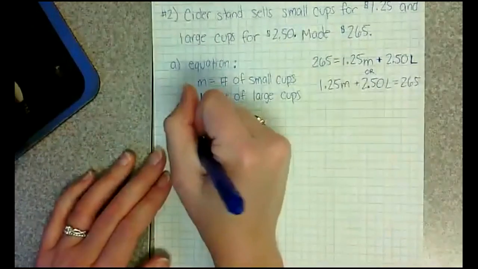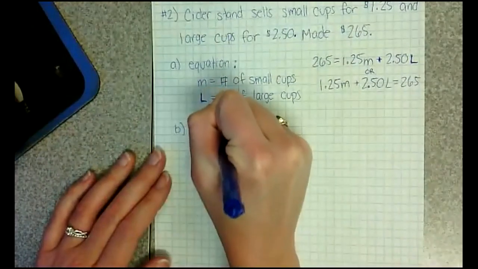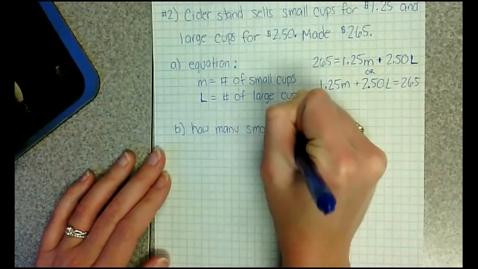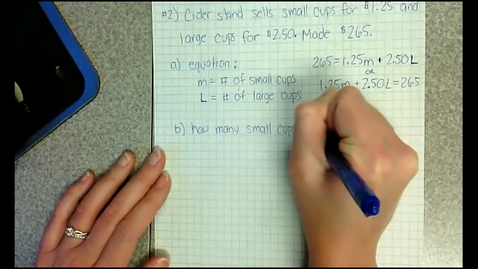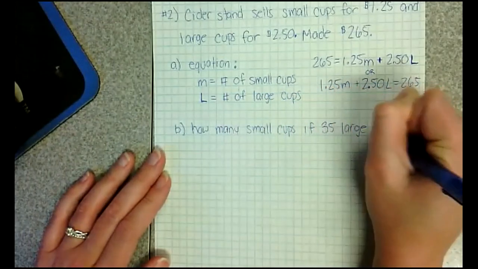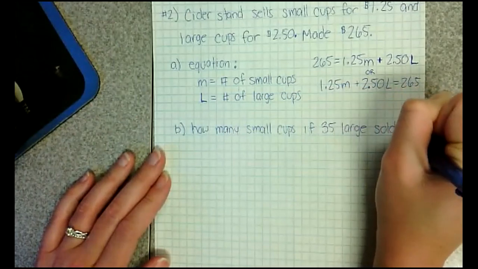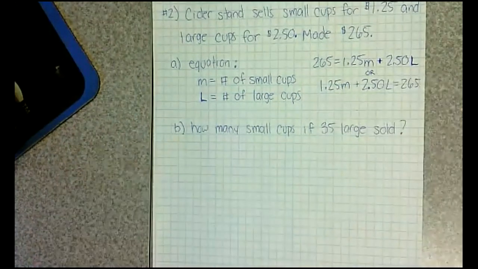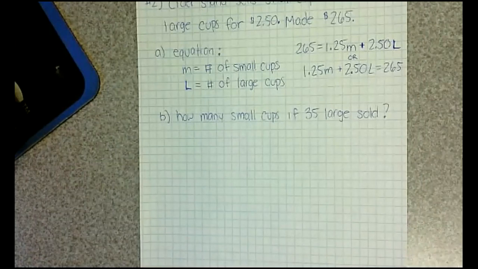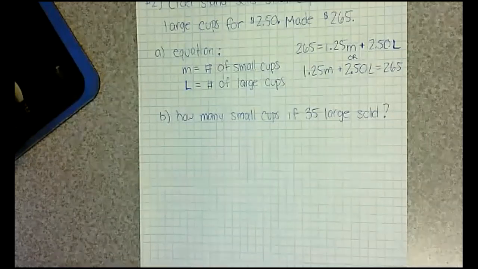So our one follow-up question is how many small cups if 35 large were sold? And again, I'll give you about a minute to write that down. Maybe go ahead and try to set it up, what you think it's going to look like, and then we'll go over it together. And now's a great time, if you have any questions, to be asking me what your questions are.